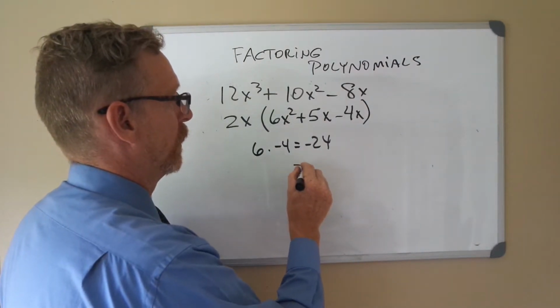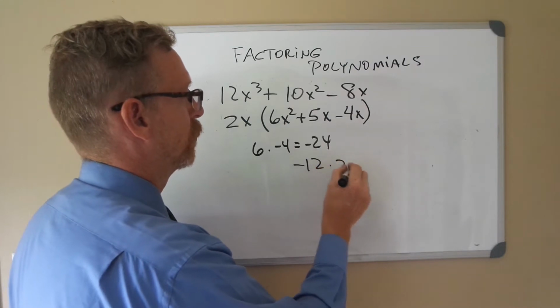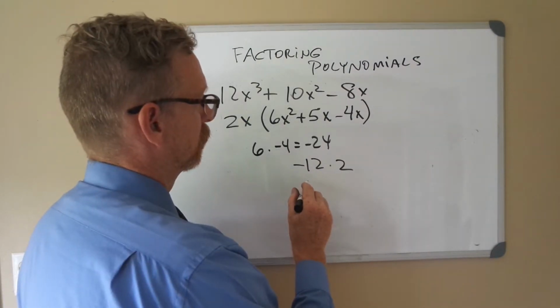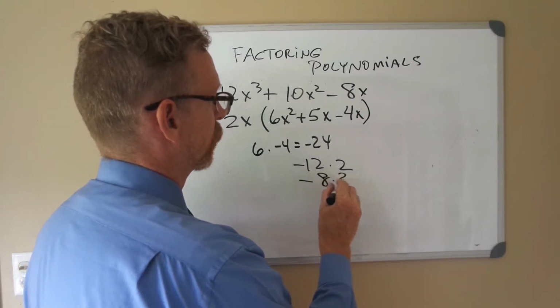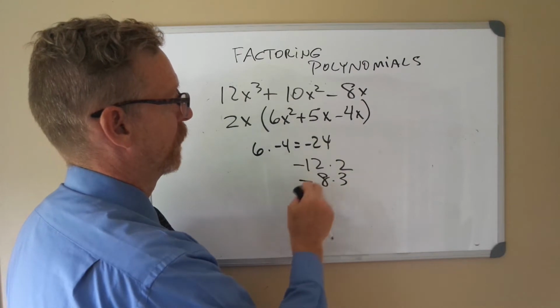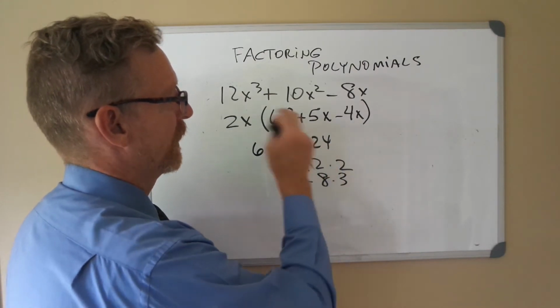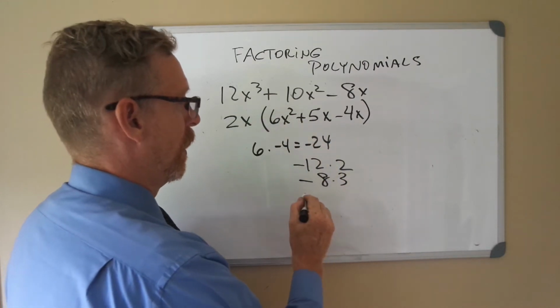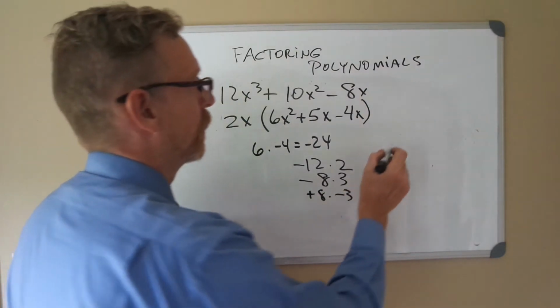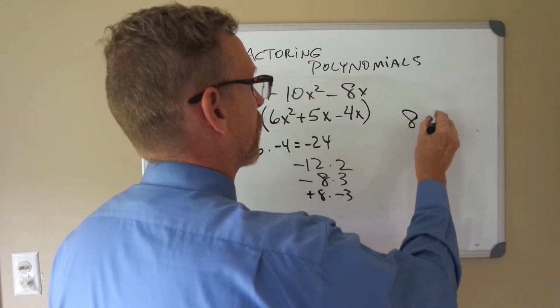For example, negative 12 times 2 gives you negative 24, but when you add them, you get negative 10. How about negative 8 times 3? Well, negative 8 times 3 is negative 24, but negative 8 plus 3 is negative 5. So we actually need a positive 8 and a negative 3. That's our two factors, 8 and negative 3.